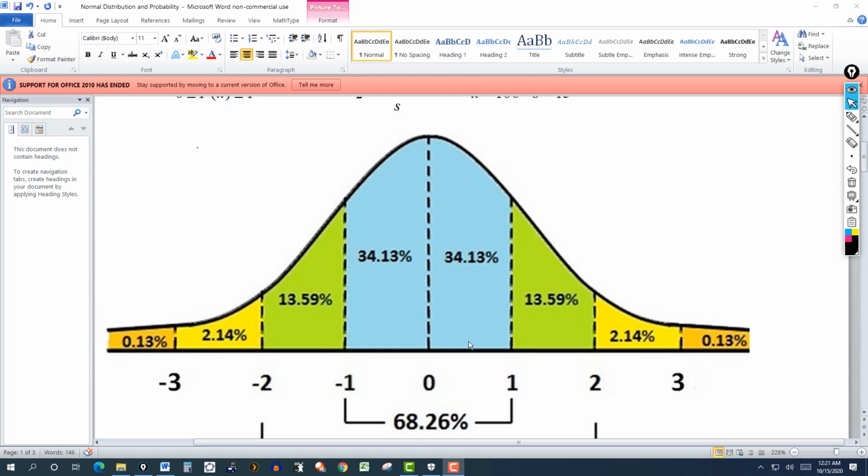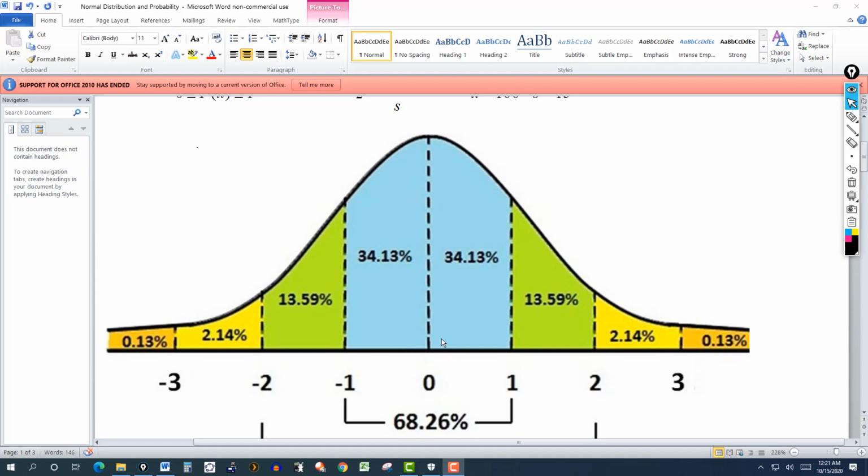So in other words, this one right here represents a value on this set of data that is 1 standard deviation above the mean. This one right here, the 2, is a value that is 2 standard deviations above the mean. Over here we have the 3, and then the negatives imply that the value is below the mean.